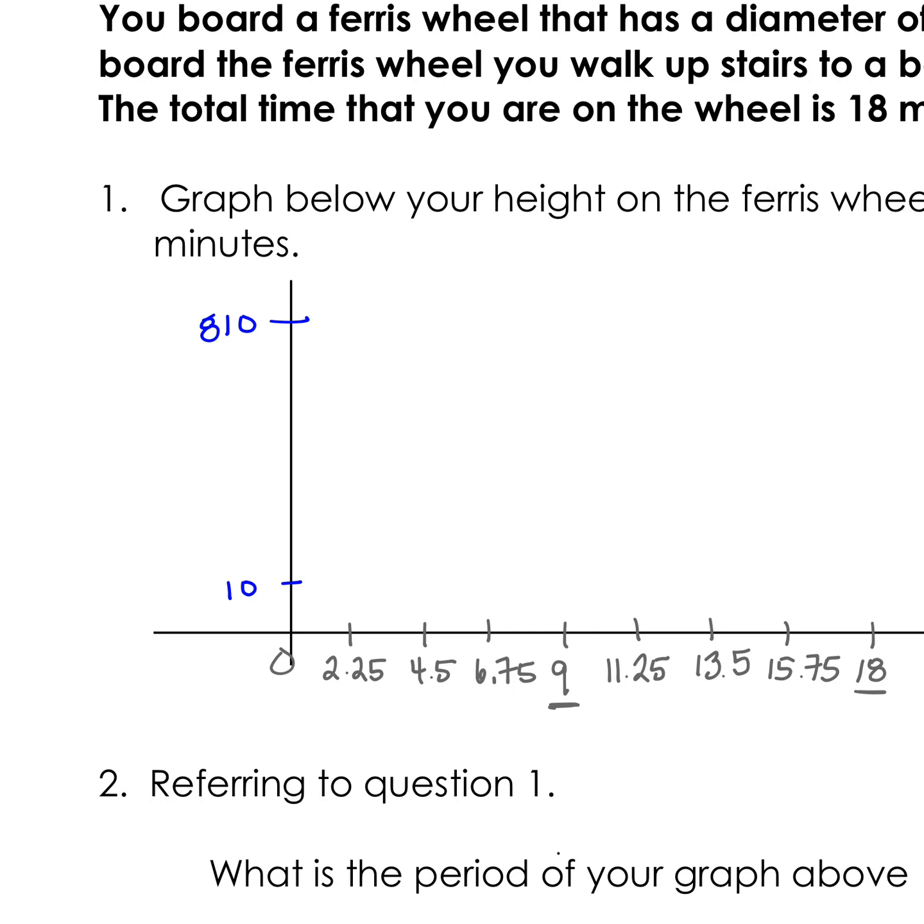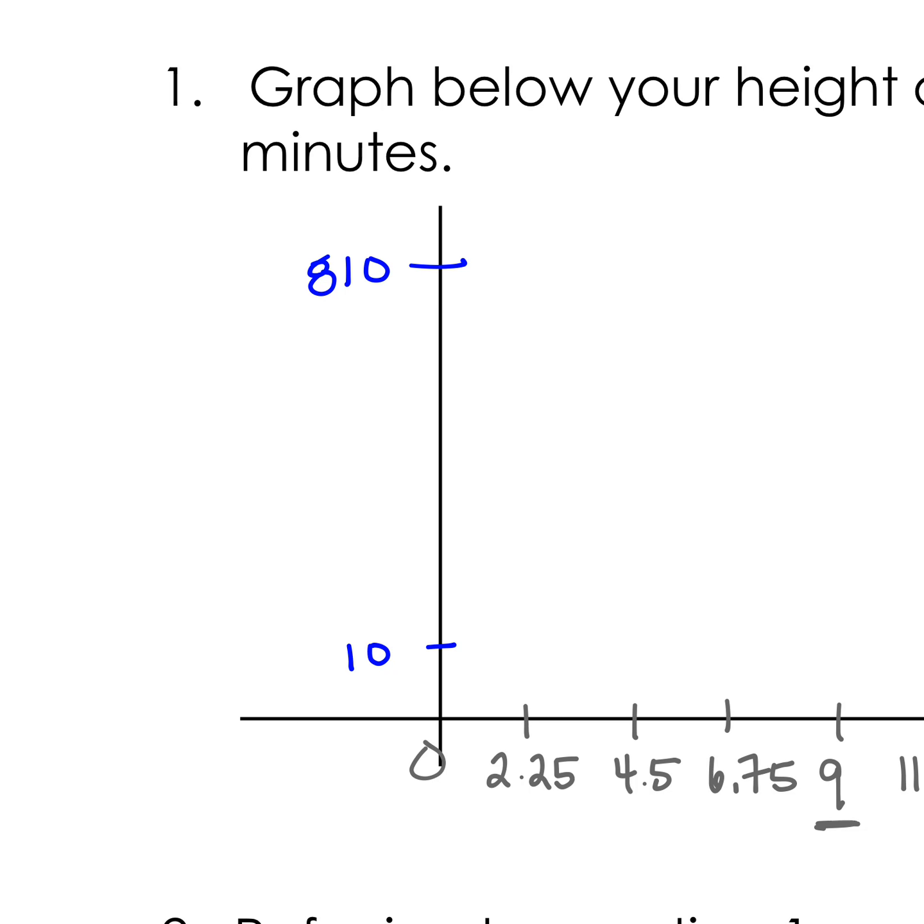So your max is 810 plus 10. That gives us, no, sorry, my math. Okay, erase. That gives us 820. Divide by 2, and that gives us 410. So halfway up, it's going to be 410.